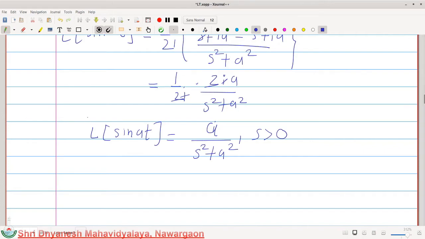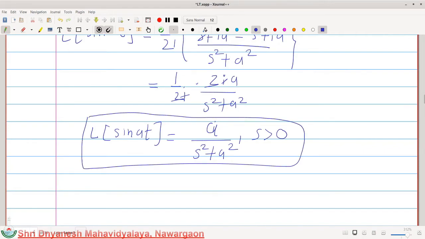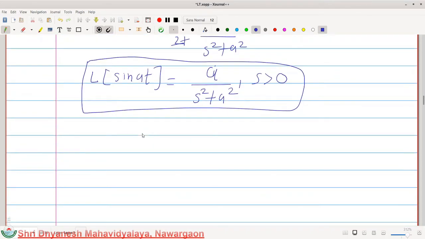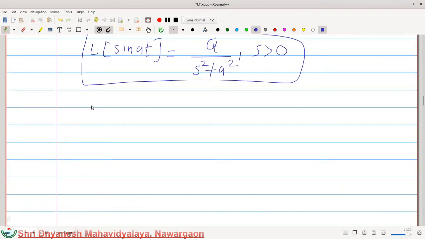Okay, so do find. So this is the formula for Laplace transform of sin at. Here a is any constant. Okay, so what was the second function? Cos at.